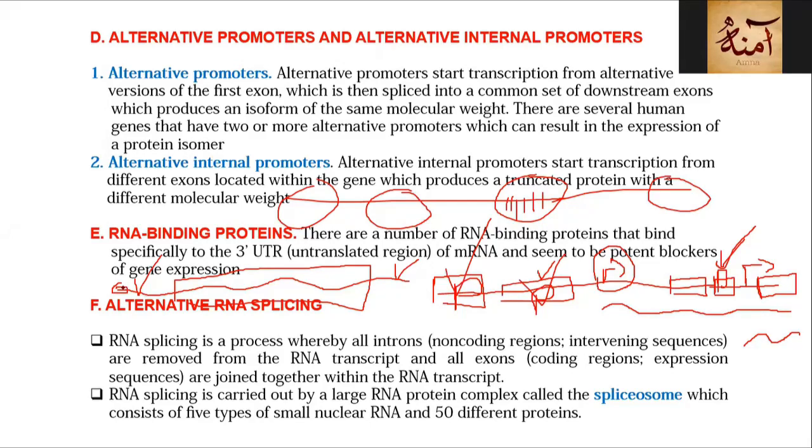Okay. Untranslated region means everything here, from here, it's exons. All the introns are spliced out already. Okay. There is a stretch over there. This stretch is called untranslated region because ribosomes do not put any amino acid using this portion. Yes sir.